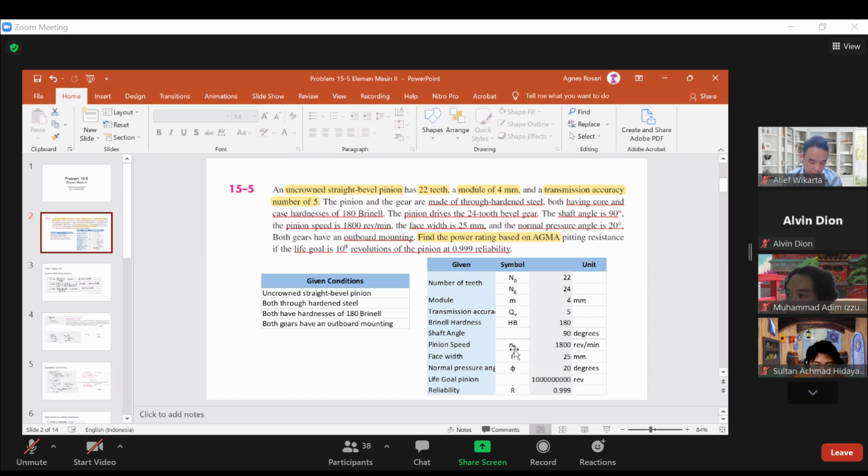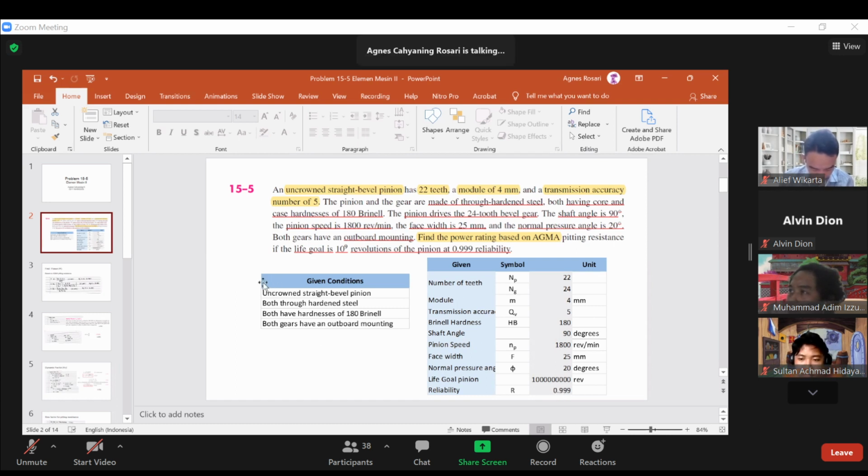The pinion speed here is 1,800 revolutions per minute. The face width is 25 millimeters. The normal pressure angle is 20 degrees, and the life cycle of the pinion is 10 to the power of 9. The reliability R is 0.999.